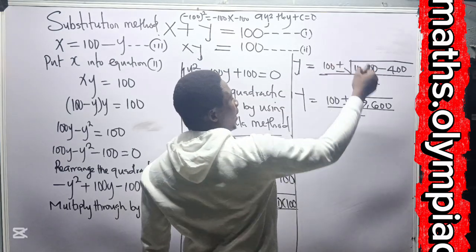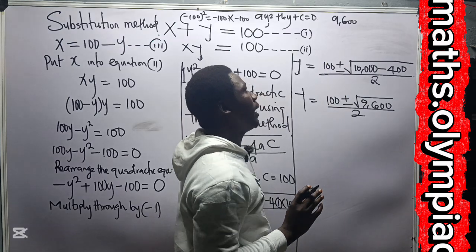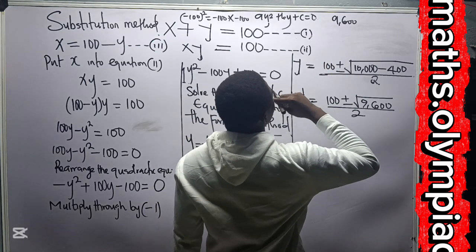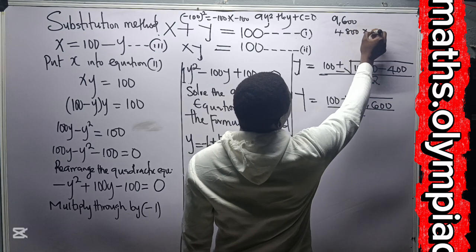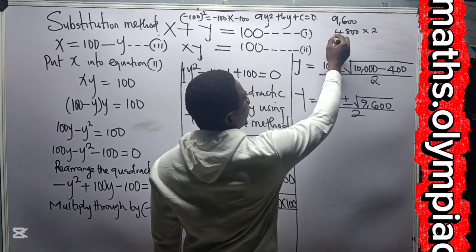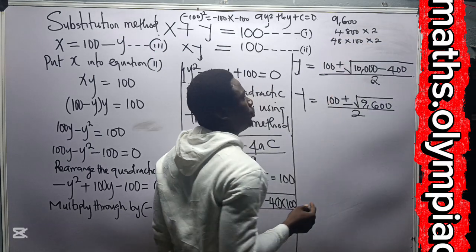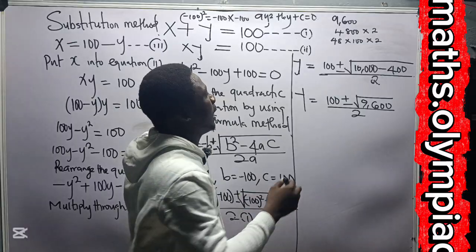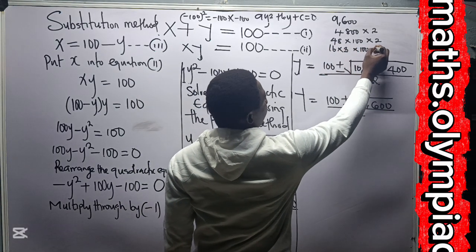For instance, 9,600 can be broken down to give us 4,800 times 2. And then this 4,800 is 48 times 100 times 2. Do you get? So this 48 now is 16 times 3 times 100 times 2.